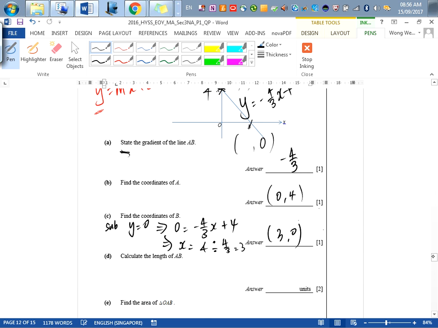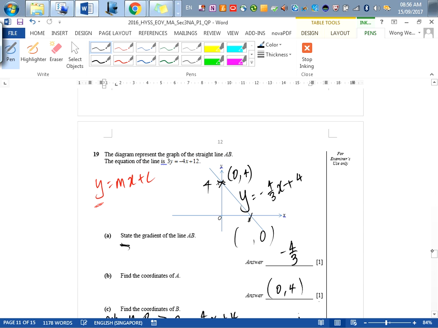Calculate the length of AB. Now I don't need my equation. We know that this value over here is 4, this value is 3. So find the area of this triangle. How to find?